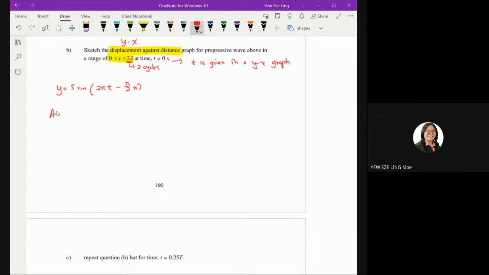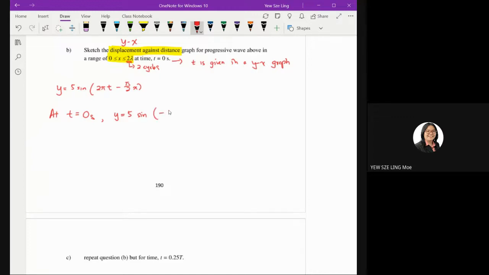So at t equals to 0, you're looking at what happened to the wave. What is the shape of the wave at time t equals to 0? So at t equals to 0, I have a graph y equals to 5 sine. Now you have 2 pi t, t is 0.